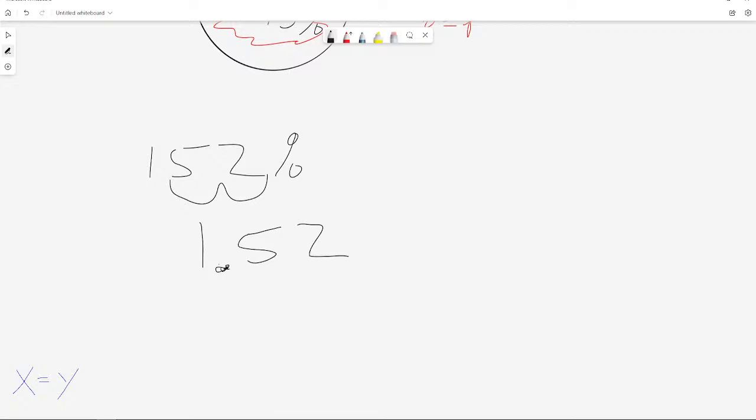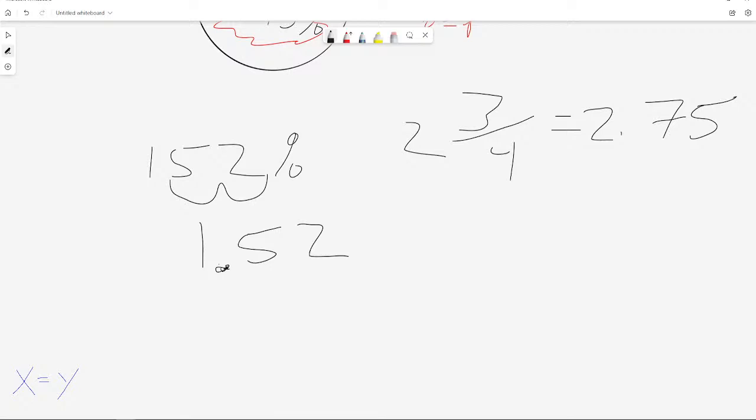If we have 2 3/4 and we want to convert that to a decimal, the answer is 2.75. And you might be asking, well, wait, why does 2 3/4 equal 2.75?